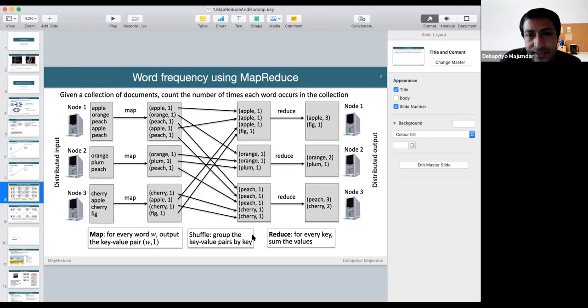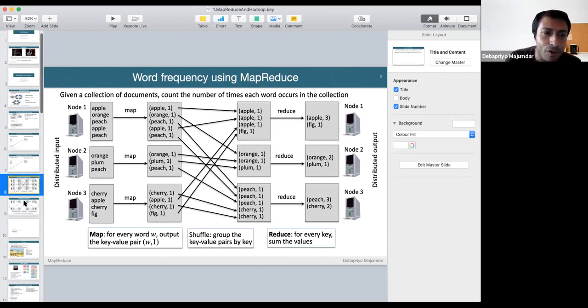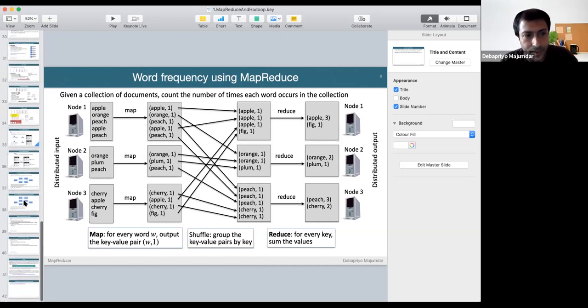Then the shuffle will again read from the disk and send it to another node. That node, when it works for the reduce, will read from the disk, aggregate somehow, and again write on the disk. There are too many times reading and writing happening. This is one of the main motivations behind what we'll see as Spark.